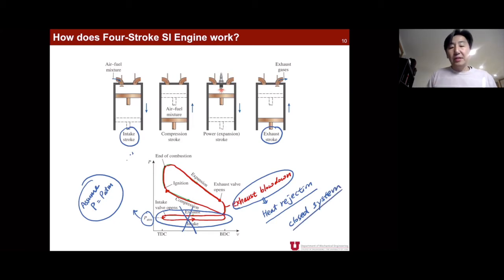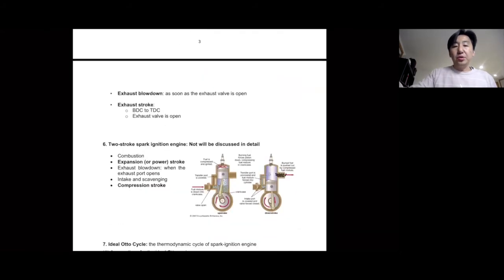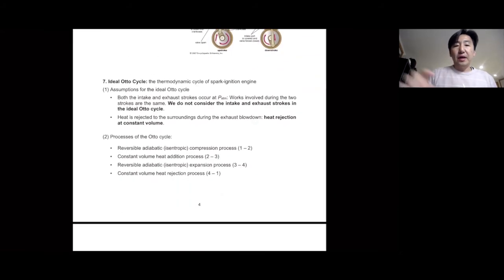Now, with that discussion, let me go back to the lecture note, and let's try to see this part. So for the ideal Otto cycle, that is a thermodynamic cycle of the SI engine, more specifically the four-stroke SI engine.